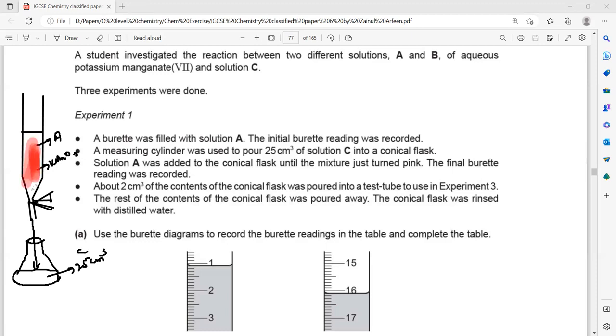When we add it to solution C, the potassium manganate reacts with C, so we are not able to see that color. But once all of the C is used up, there is no more C left. As a result, the potassium manganate, when it enters this mixture, will show a pink color.